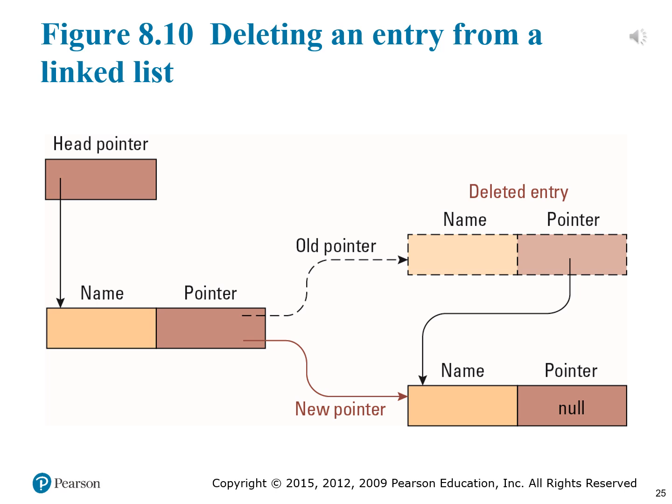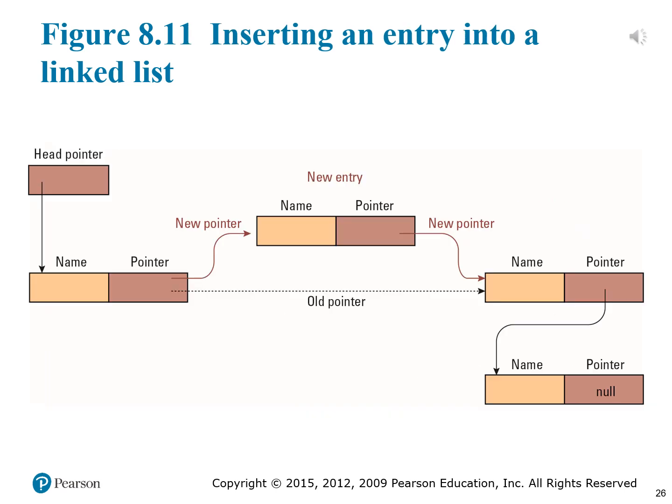Inserting a new entry in a linked list is only a little more than manipulating pointers. To insert an entry for a new name, we first find an unused block of memory cells that's large enough to hold the new name and a pointer. After the memory is determined for the new name entry, we store the new name and fill in the pointer with the address of the entry in the list that should follow the new entry.